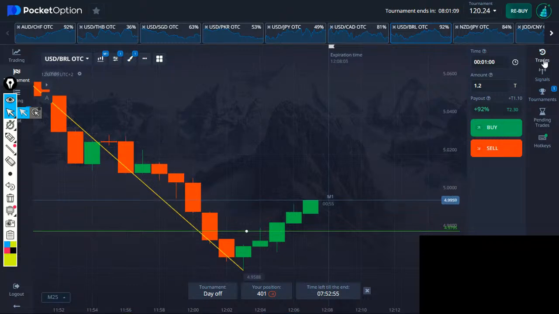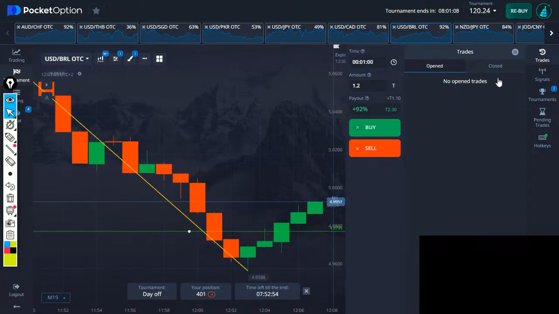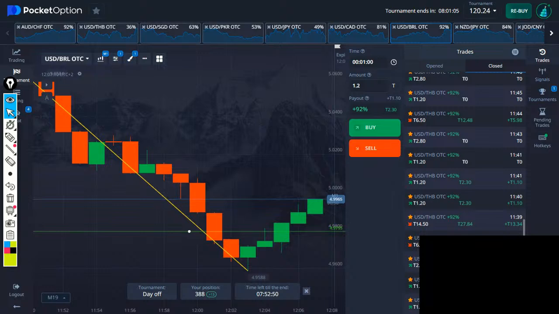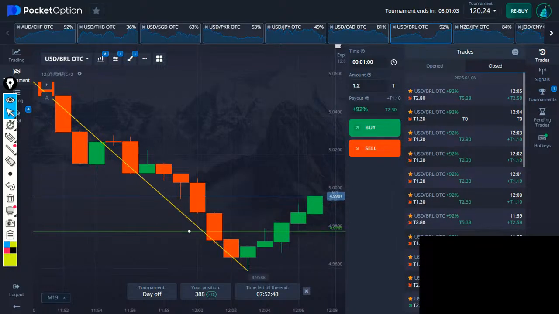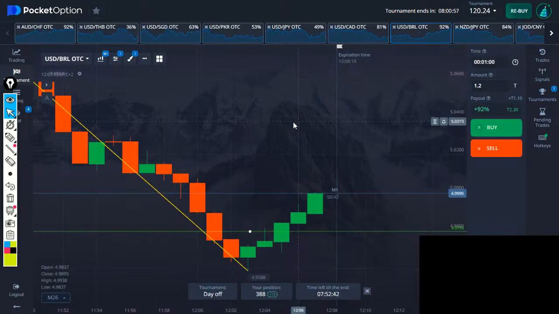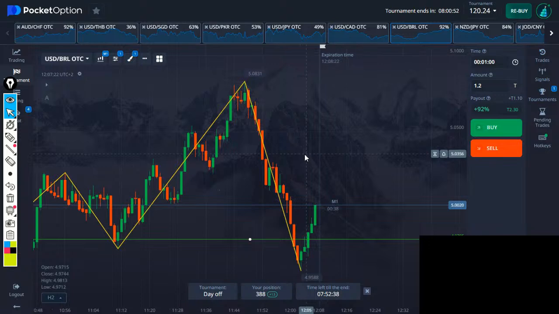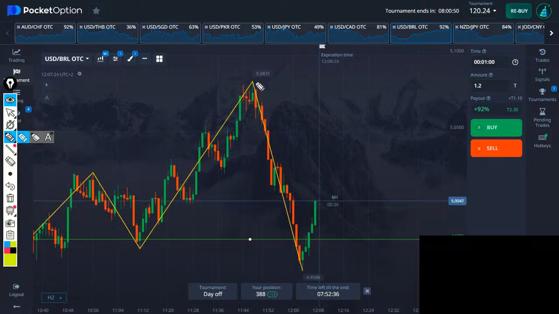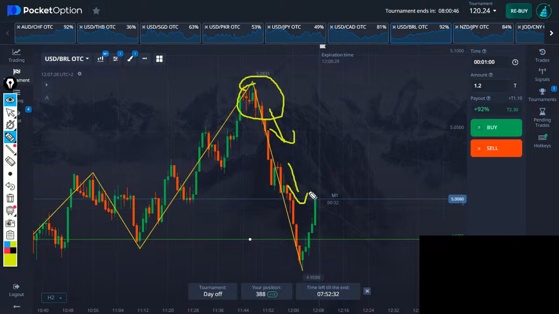Let me see if I can identify our trading time. So we started over here at 11:34. Exactly 30 minutes. We traded exactly 31 minutes today. So look at this beauty. We started taking sells over here and we stopped.